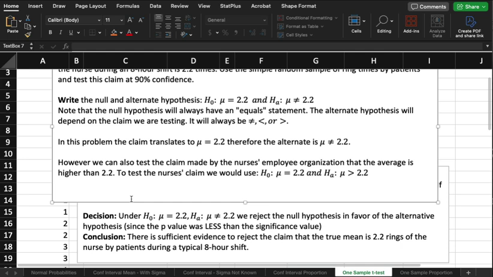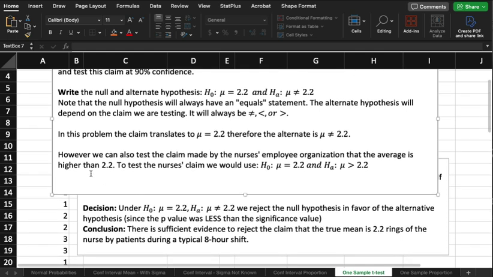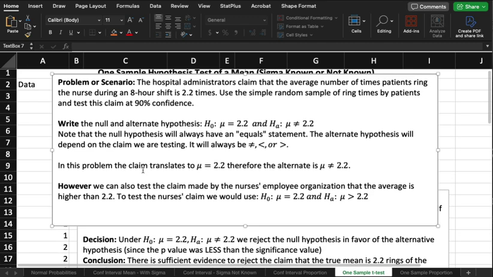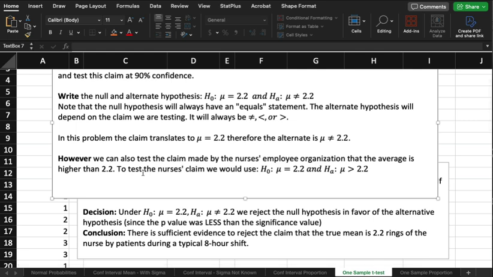However, let's consider this other scenario, in which we have two parties that are in disagreement. In this problem, we are also going to test a claim that was made by the nurses' employee organization. They are saying that the average is actually higher than 2.2. They're saying we just don't have enough nurses on staff because patients are ringing the nurse more frequently than you think.